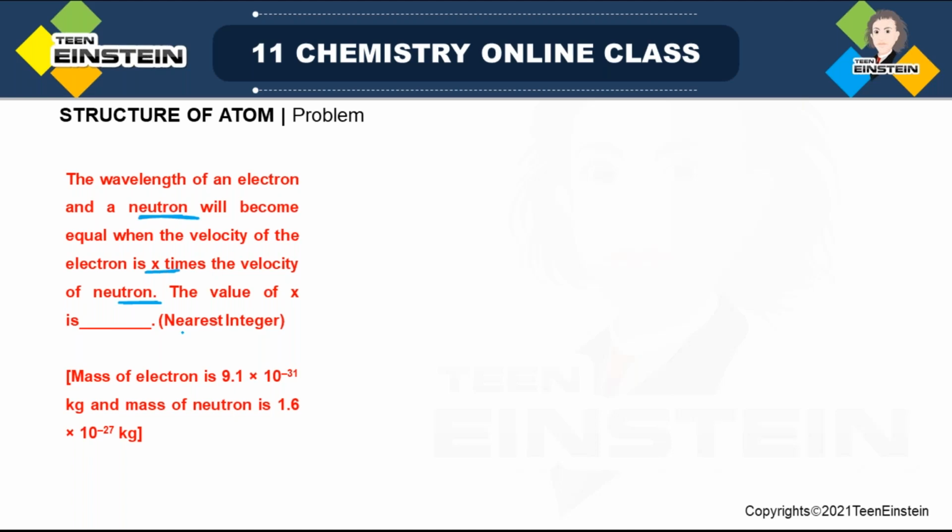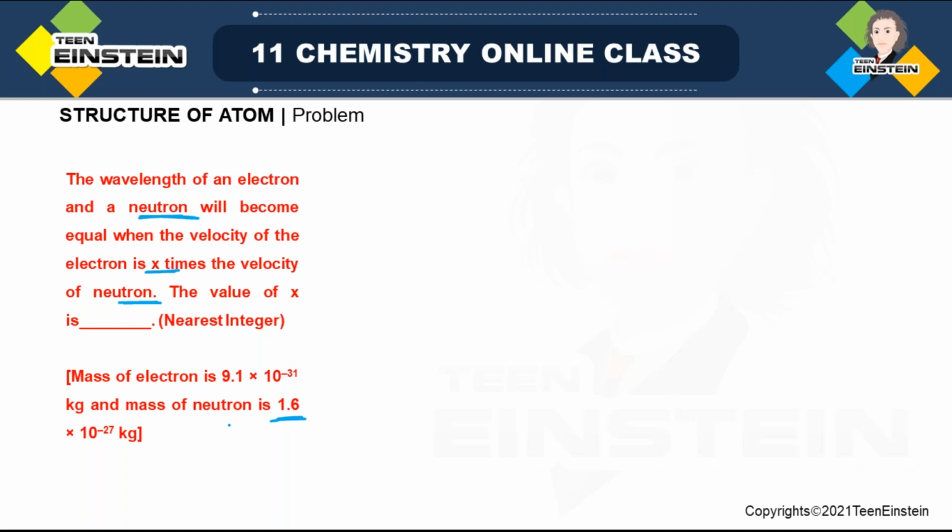X. Mass of electron given 9.1 10 to the power minus 31 kg, and mass of neutron, it is slightly high, sorry, not slightly, it is much high, 1.6 into 10 to the power minus 27 kg. Okay, now it is basically relationship of wavelength, mass, velocity. So which equation we'll use? Remember, lambda is equal to h by mv.